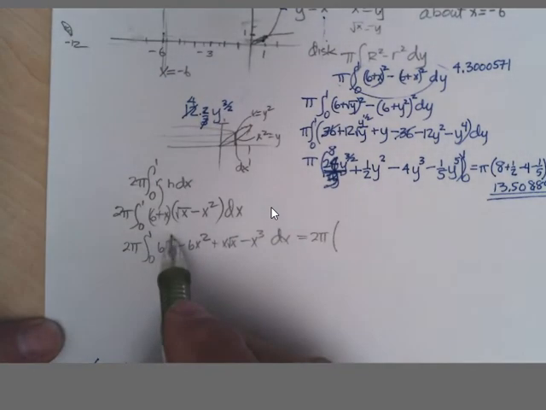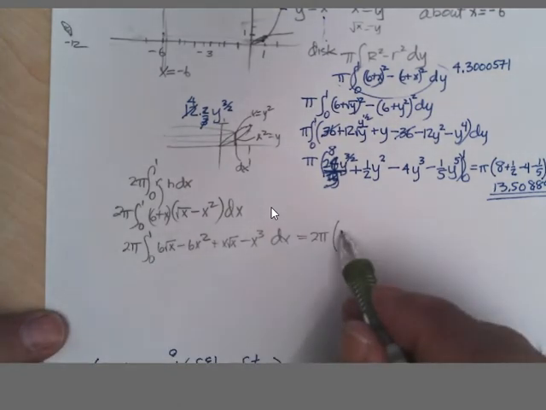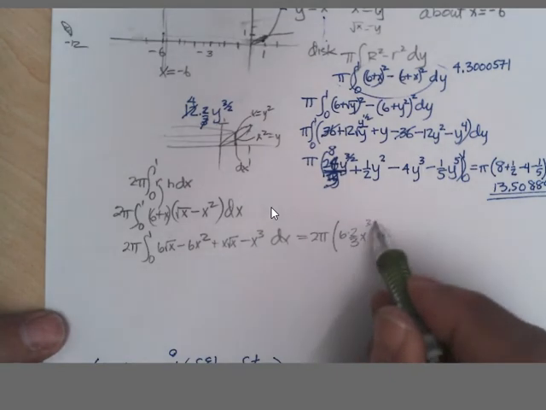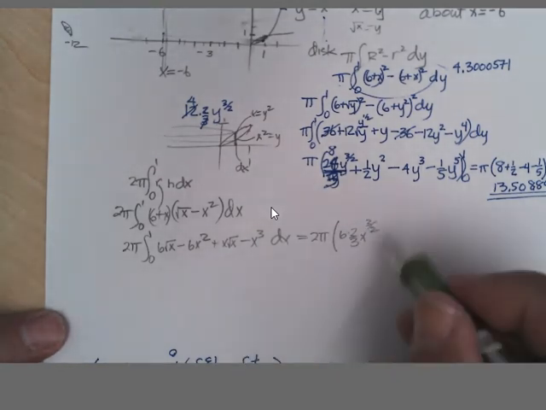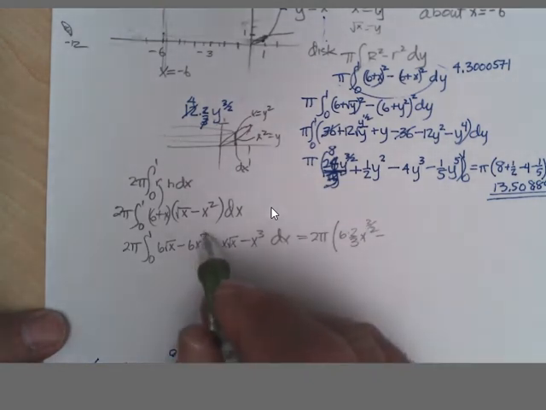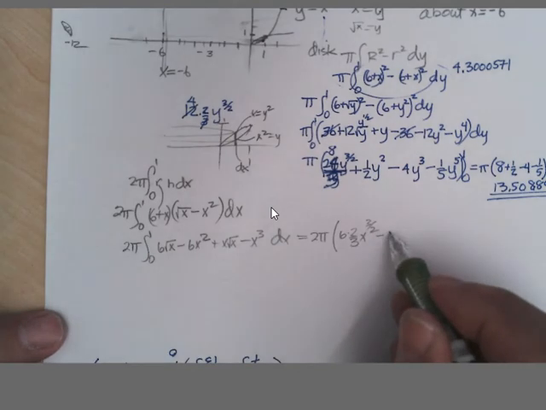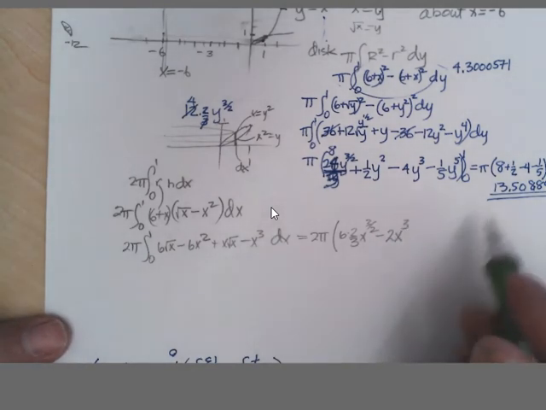This is x to the 1/2, so integrating that, we go to the 3/2 times 2/3, so it's 6 times 2/3 x to the 3/2, minus, it goes to the 3, so 6 divided by 3, or 2x to the third.